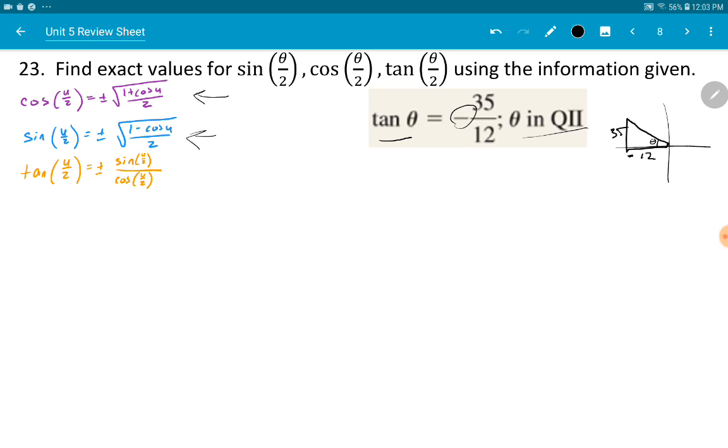So we have negative 12 squared plus 35 squared equals the hypotenuse squared, which gives me 144 plus 35 squared. I don't know that off the top of my head, so I'll do some side work.